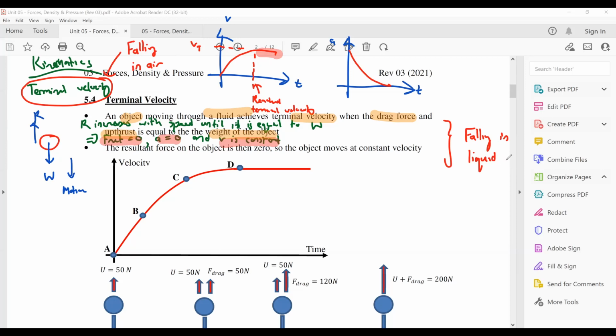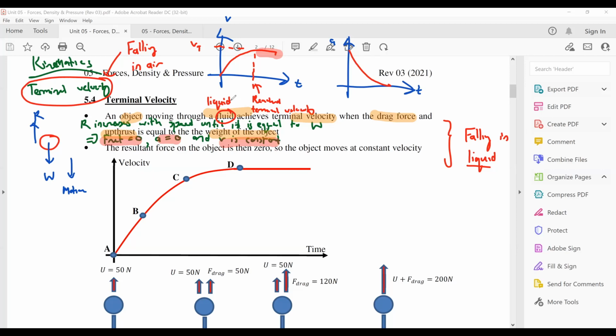I'll just say falling in liquid. Rather than saying fluid, you can just change it to liquid. An object moving through a liquid achieves terminal velocity when the drag force and upthrust is equal to the weight of the object.